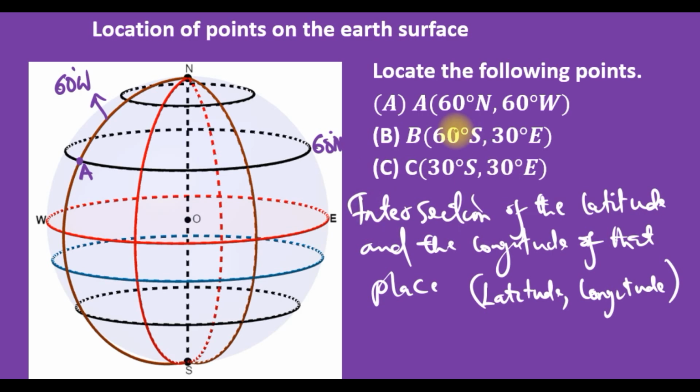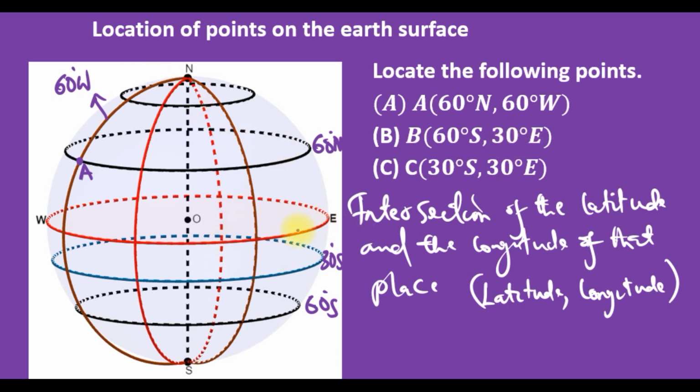So coming to B, 60 south. Okay. Let me take this as 30. And let me take this as 60. So it must increase downward. So I've located my 60 south. So remember, up is north, down is south. Now 30 east.